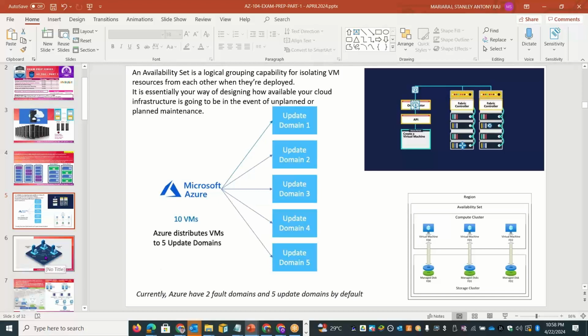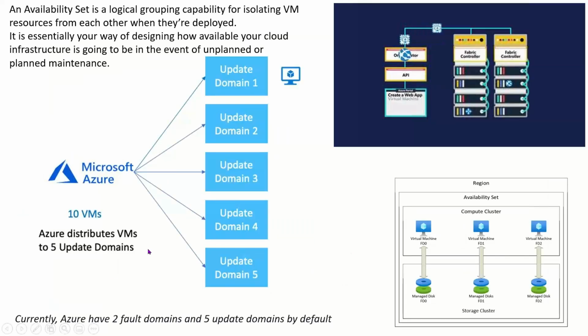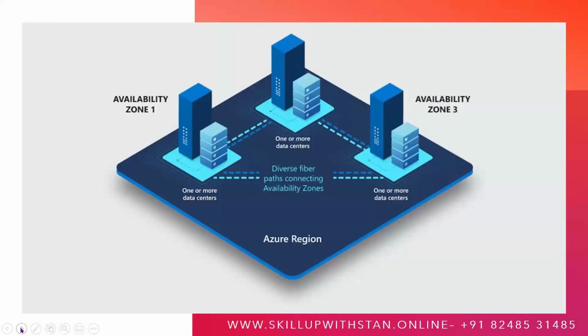Not every data center will have the opportunity to have availability zones. Availability zones are multiple different physical data centers. Let's have a look at it. In a particular Azure region, you'll have multiple physical data centers. These data centers are called availability zones, and they have very high speed fiber cabling connections.